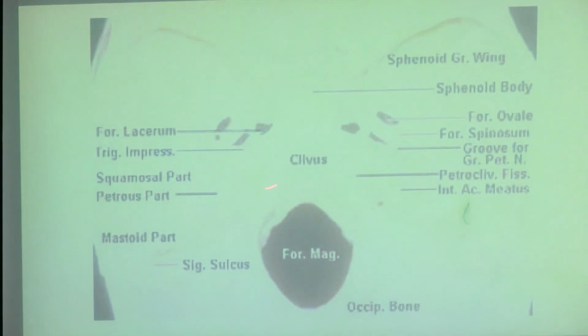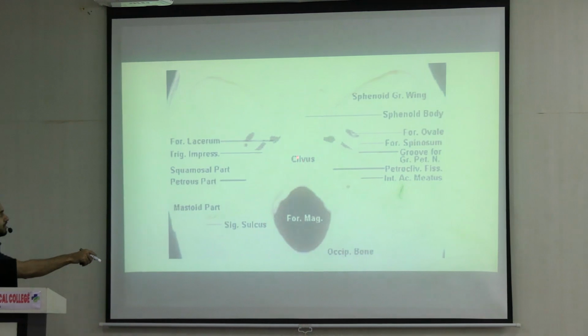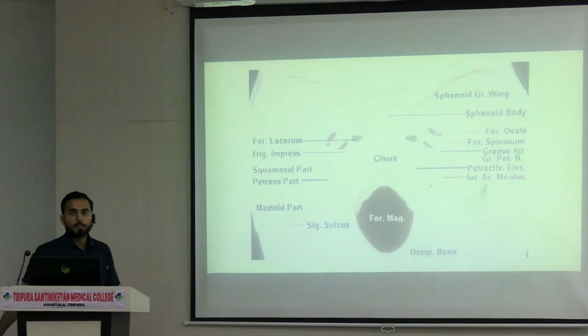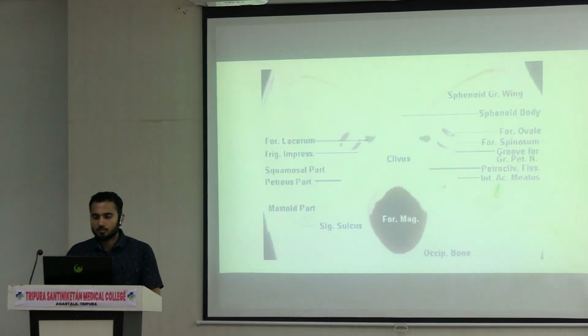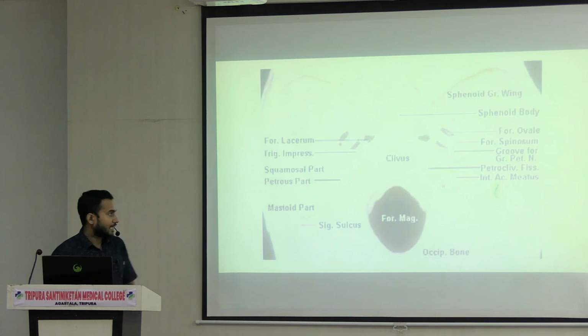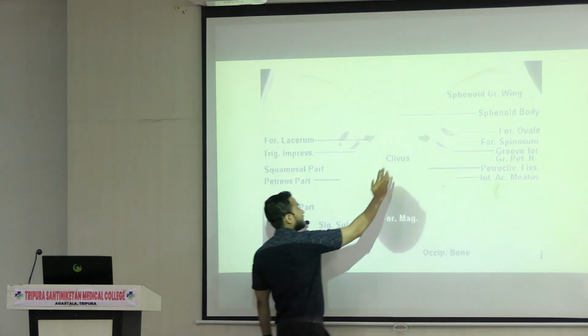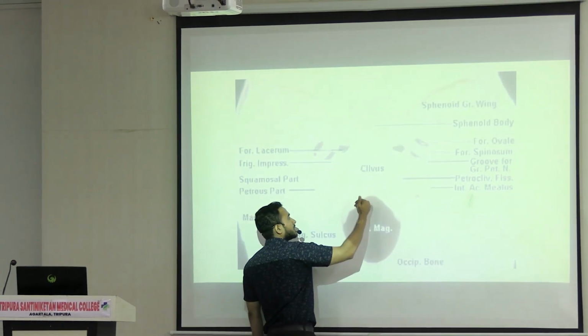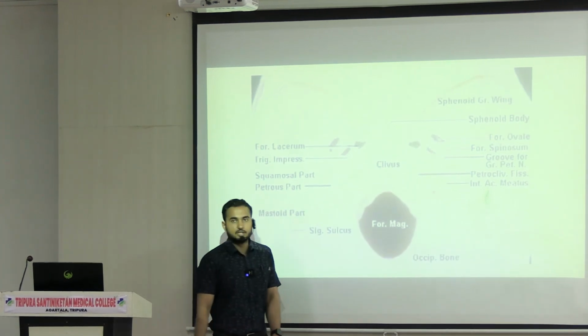Here you can see this particular part is called the clivus. Anteriorly it is lying on the clivus, which is on the anterior aspect of the posterior cranial fossa.